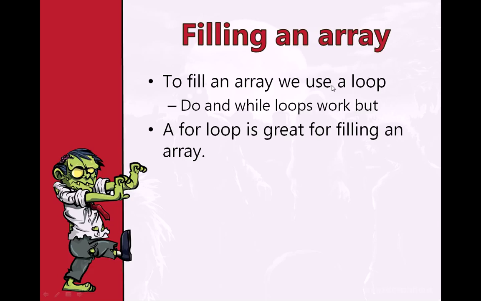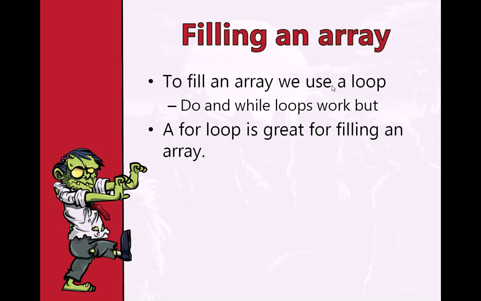To fill an array, because we have to fill an array with data, we use a loop. Alright, and we went over loops in a previous lesson, and we're familiar with the do and the while loops and things like that, pre-test, post-test loop, conditional stuff, and everything like that. But we have a specific type of loop that is great for filling an array.